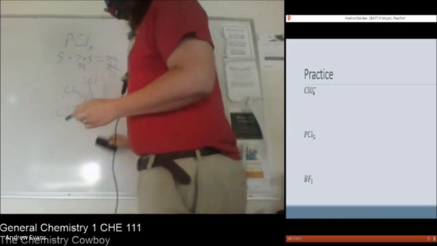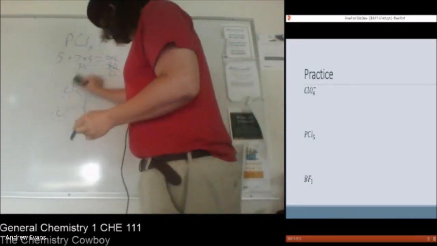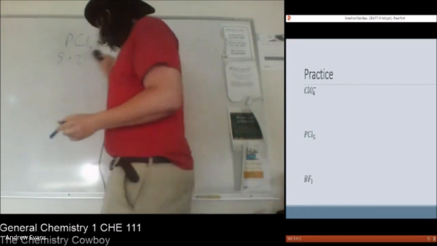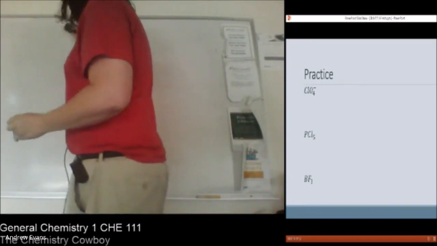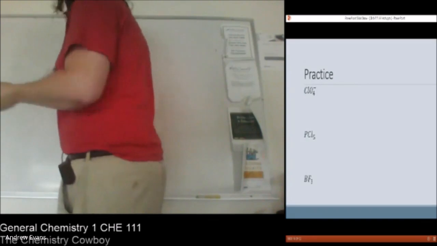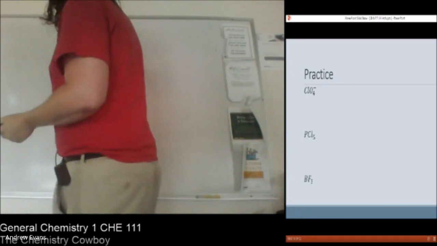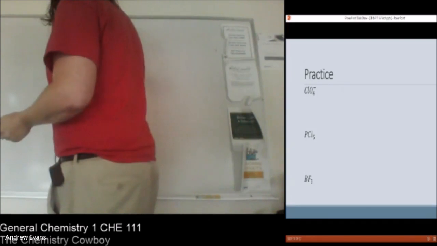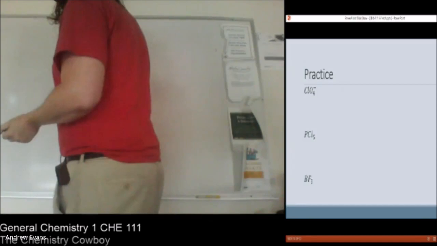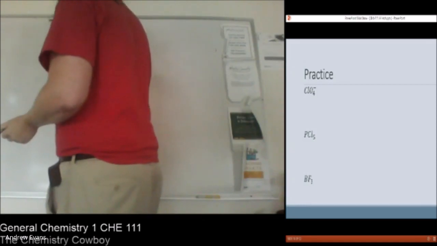And let's look at BF3. BF3 is a little bit tricky. You could go with 2 different structures here. B has 3 electrons. Each fluorine has 7. So that's 21, 24 electrons.